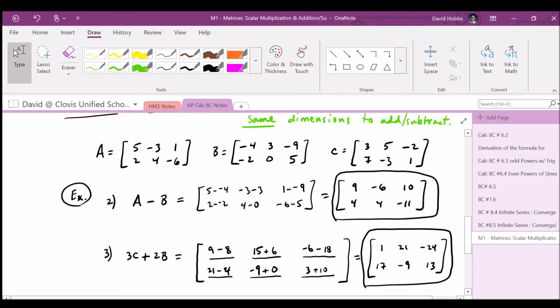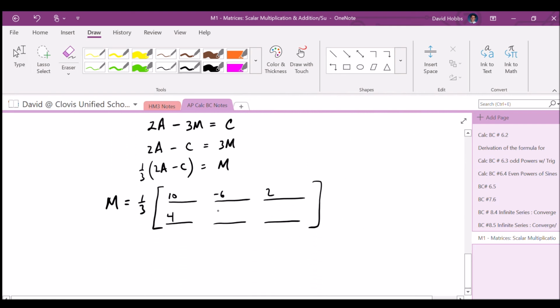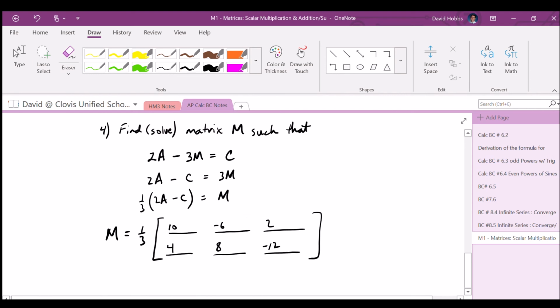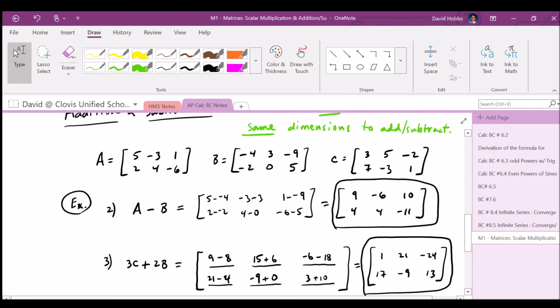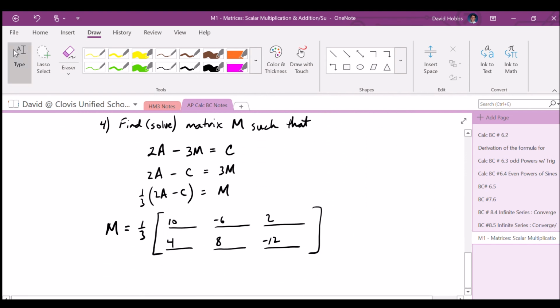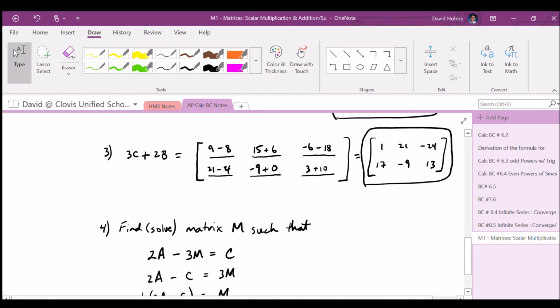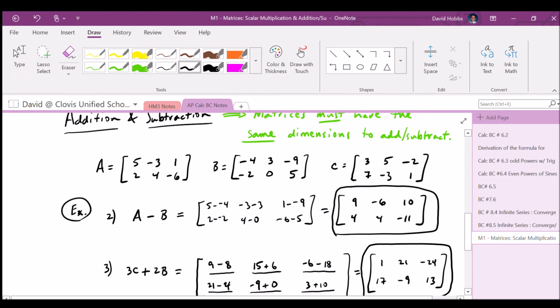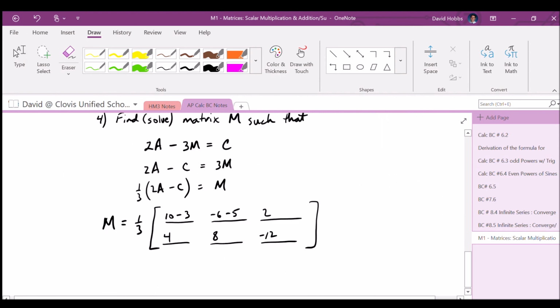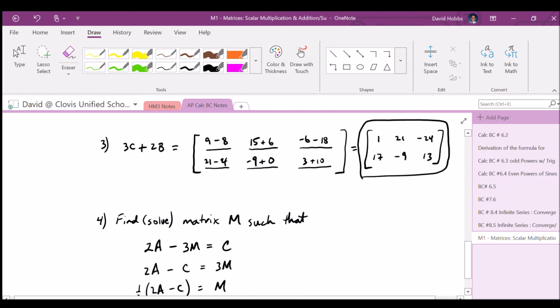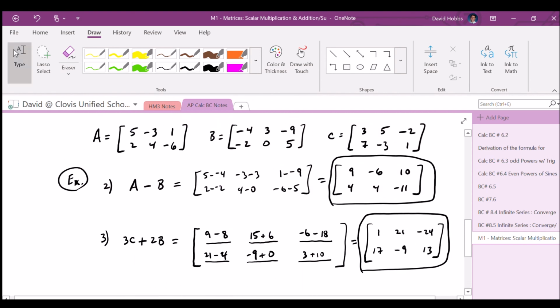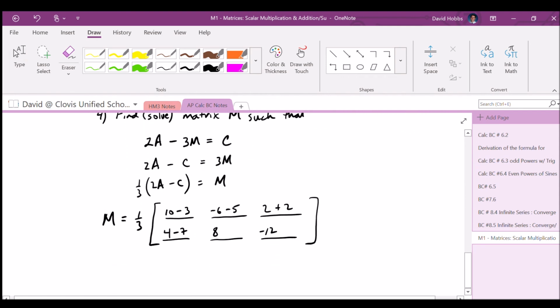And I've got 2 times 4 and 2 times negative 6. Minus C, so minus 3, minus 5, minus a negative 2 and minus 7. And finally, minus a negative 3 and minus 1.